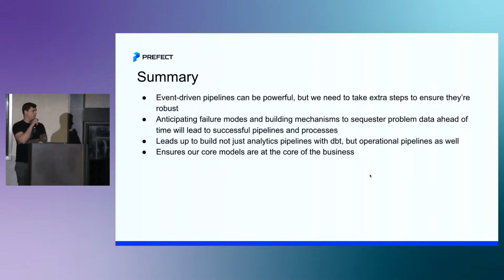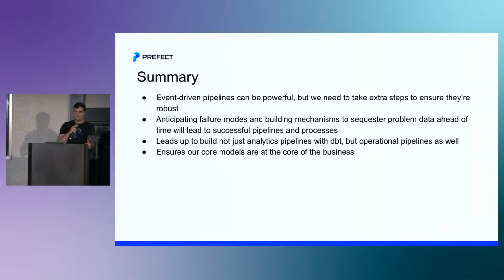So, in summary, event-driven pipelines can be powerful, but we need to take extra steps to ensure that they're robust and not going to clog further events that are coming down the pipeline. We can do this by anticipating different failure modes to sequester problem data ahead of time, which leads to successful pipelines and processes.